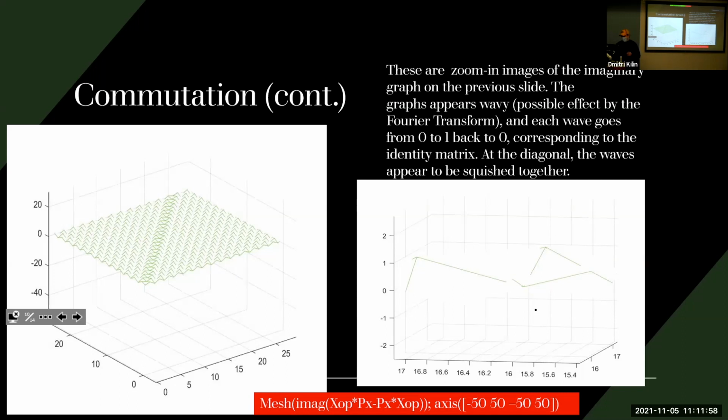And if we look even closer, you notice that the low points are at 0 and the high points are at 1. What I noticed is that the wavy behavior is most likely because of the Fourier transform, and the range from 0 to 1 has something to do with the identity matrix, which has to go back to the identity or the unit operator.